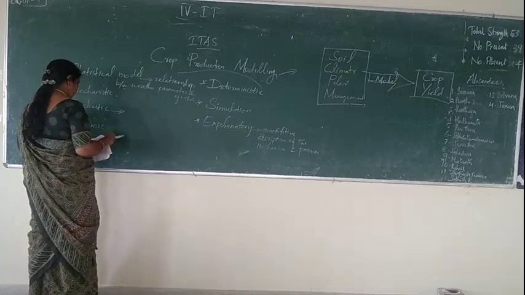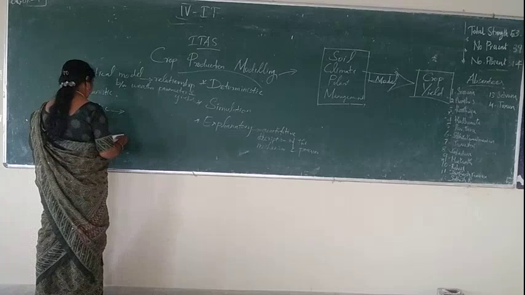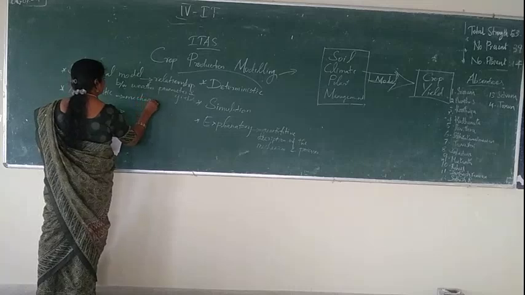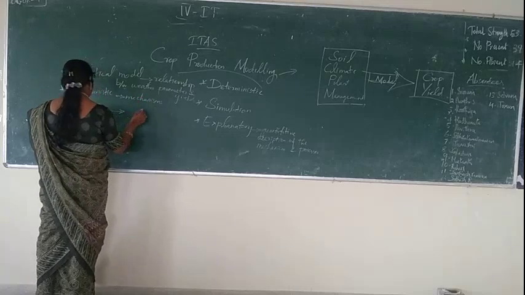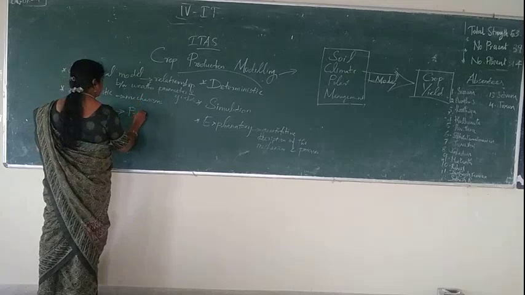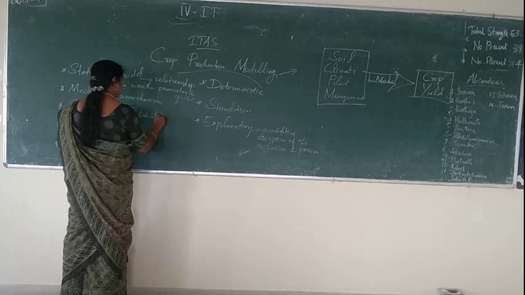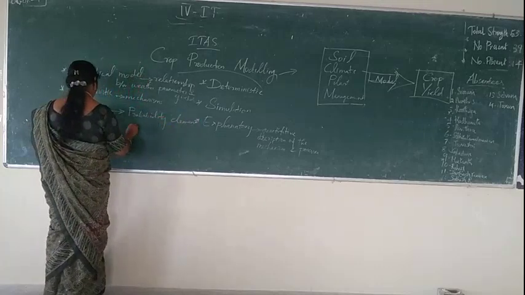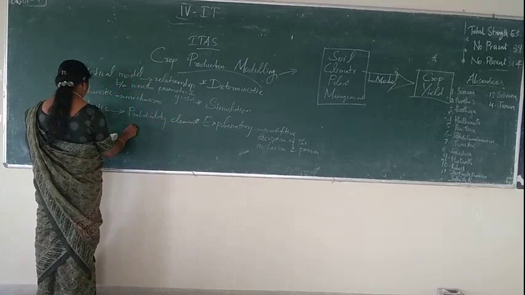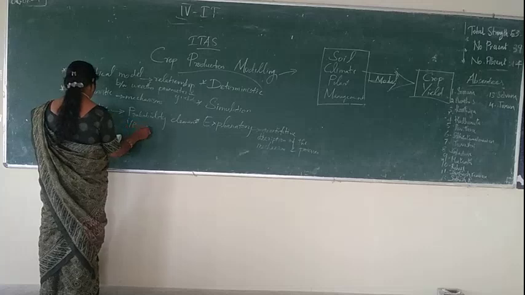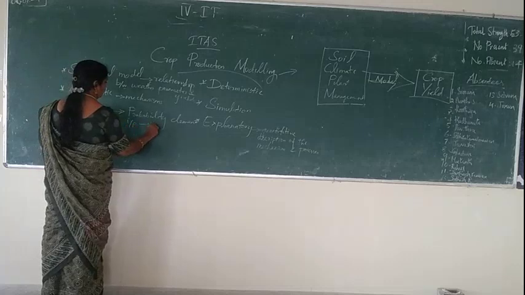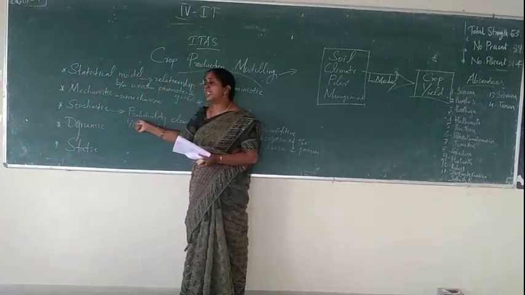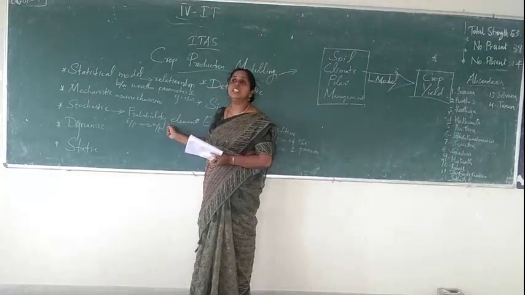The third model is the stochastic model. In the stochastic model, a probability element is attached to represent this model.